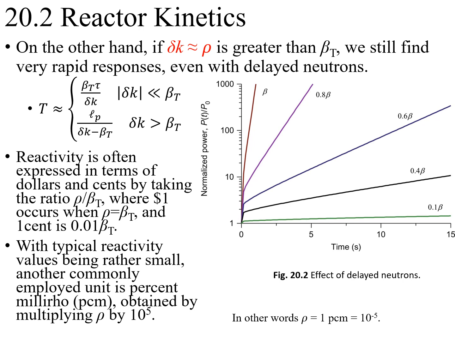We can still get a very rapid response, even with the delayed neutrons. As shown by this figure, if you have a delta K that is small, that is 0.1 beta, you have a very slow reactor power increase. With the increasing of this delta K, you will see that reactor power increases rapidly.